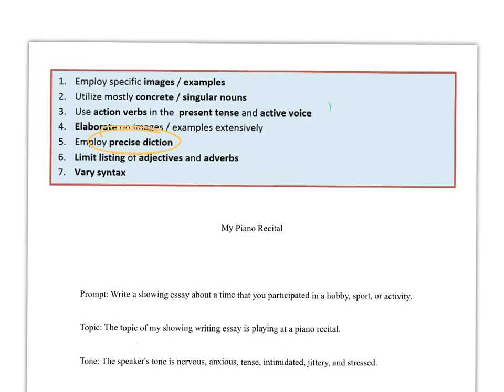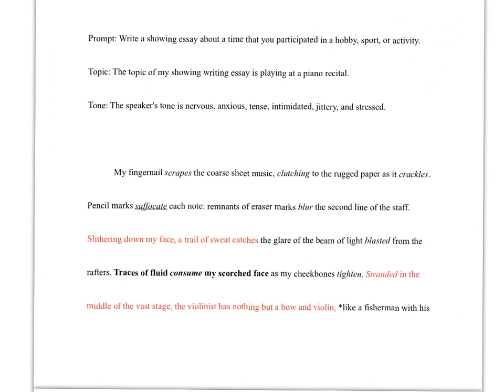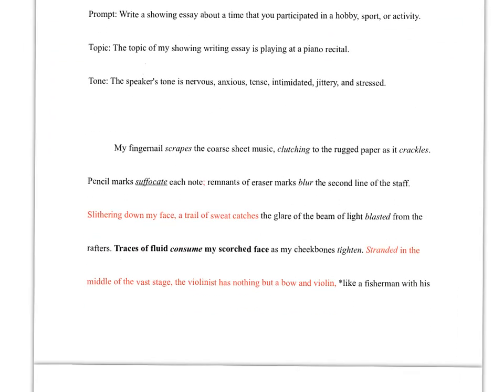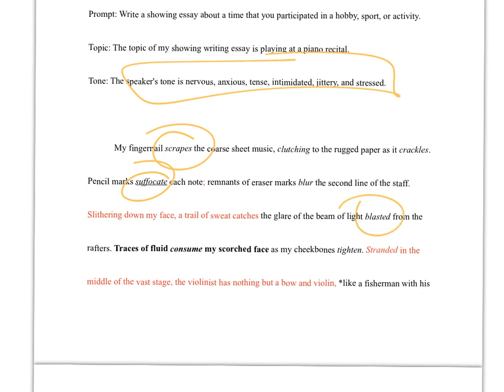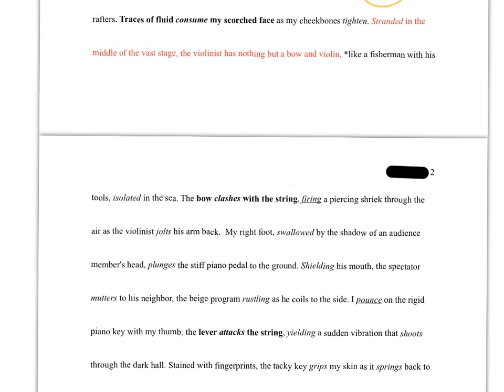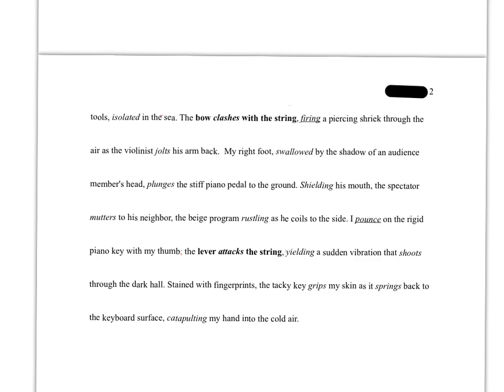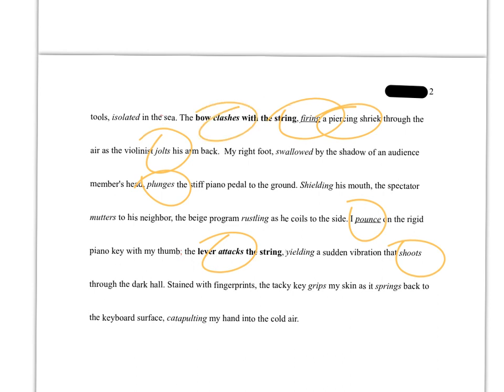And if you go, again, sentence by sentence, you can tell that every word was very intentionally chosen to really convey these tone words. Words like scrape, words like suffocate, blasted. If you go further in the paragraph, words like plunges and jolts, attacks, other words like shoot and pounce and firing and piercing, clashes.